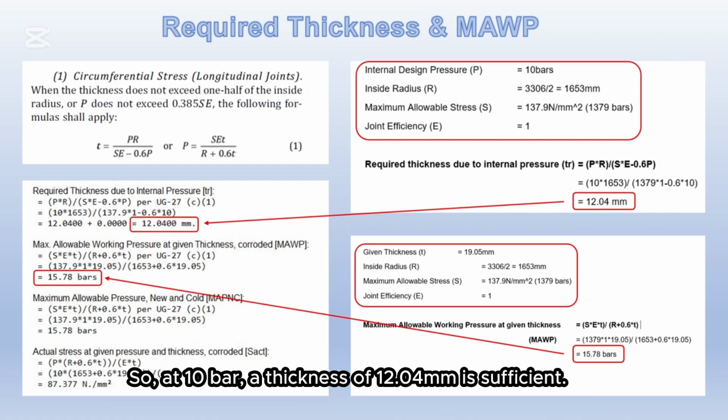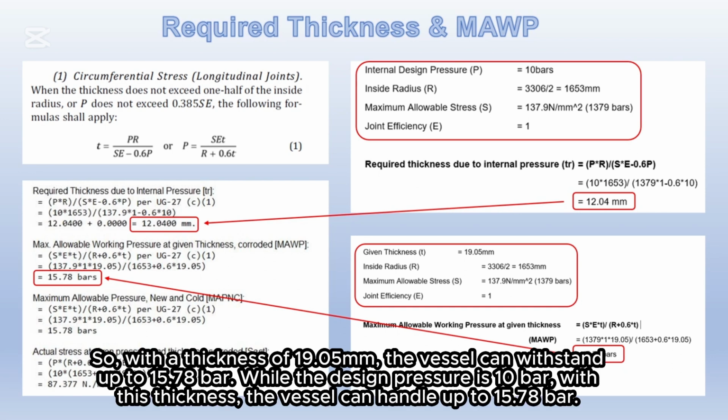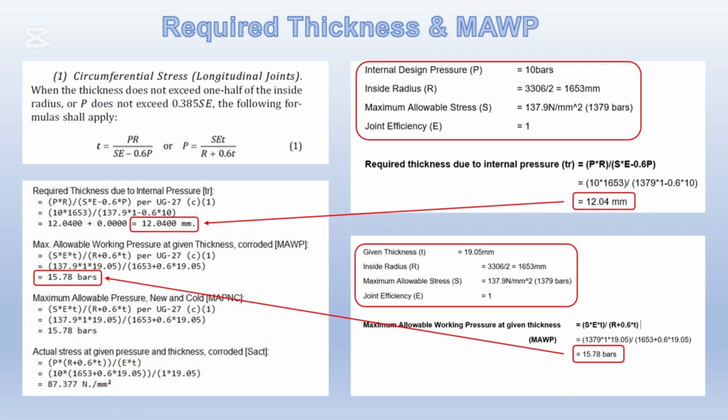At 10 bars, a thickness of 12.04 millimeters is sufficient. With a thickness of 19.05 millimeters, the vessel can withstand up to 15.78 bars. While the design pressure is 10 bars, with this thickness, the vessel can handle up to 15.78 bars.